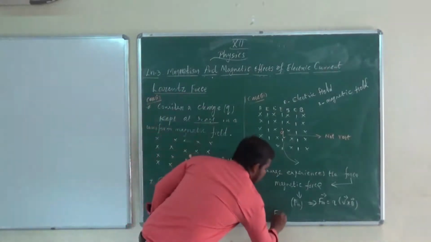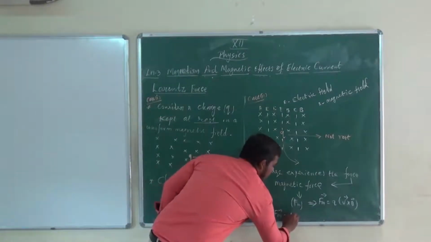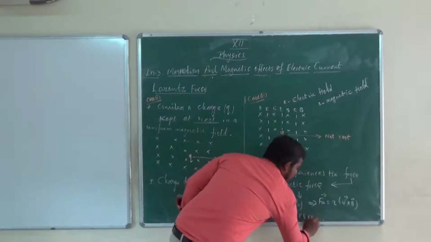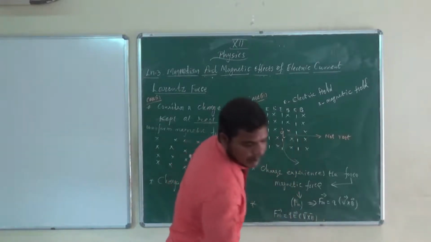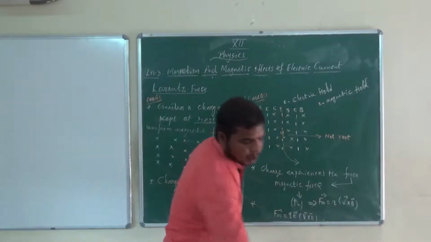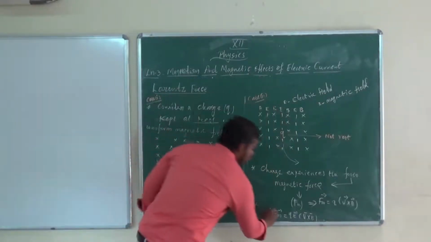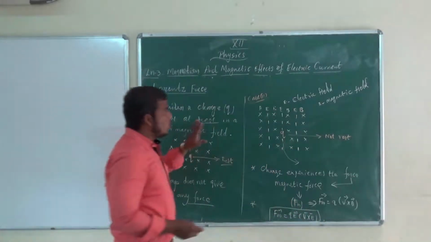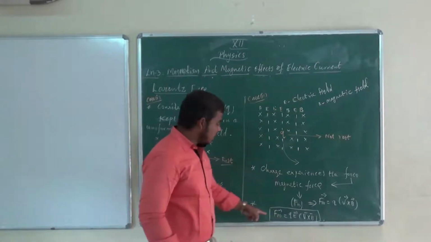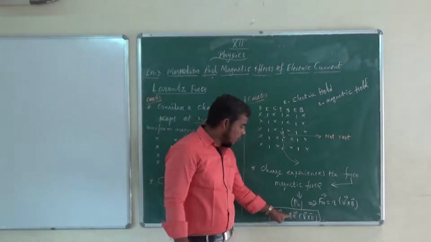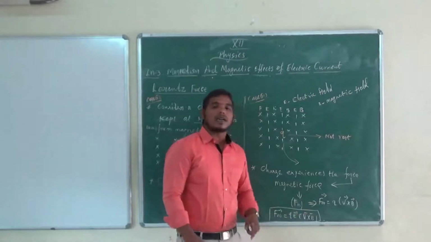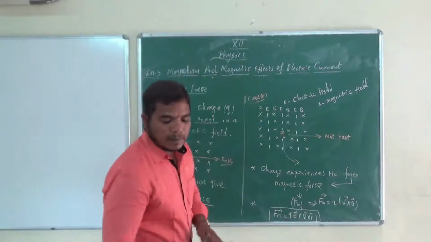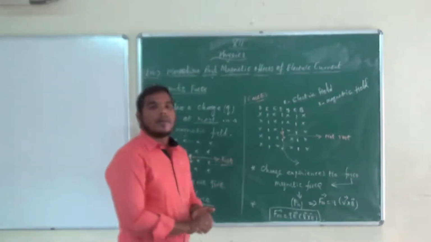When the charge is kept in both electric and magnetic fields, the equation is F equal to Q into E vector plus V vector cross B vector. This force is called the magnetic Lorentz force.